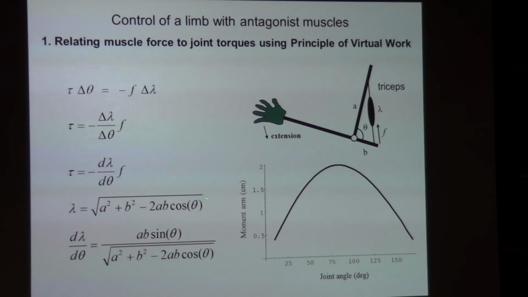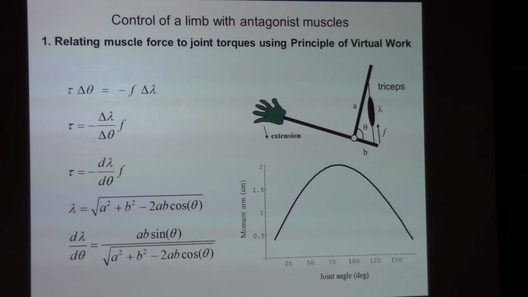So the derivative of something raised to the 1/2 is just that thing raised to the -1/2, so that's why you see this in the denominator, times the derivative of what's inside with respect to theta, which is this term cosine theta, which becomes sine theta. So this is the Jacobian. This tells us how we can go from force generated in these coordinates to torque generated in that coordinate. So I take force and multiply it by this to get the torque.